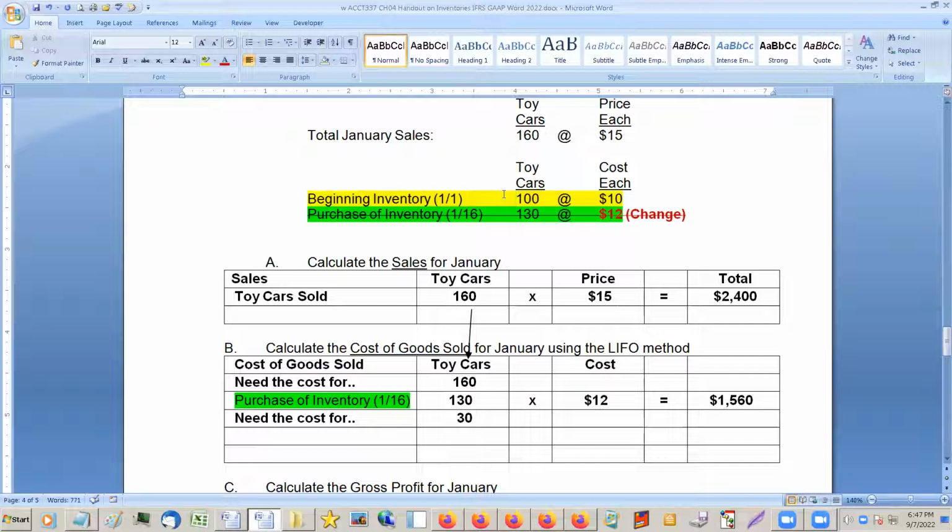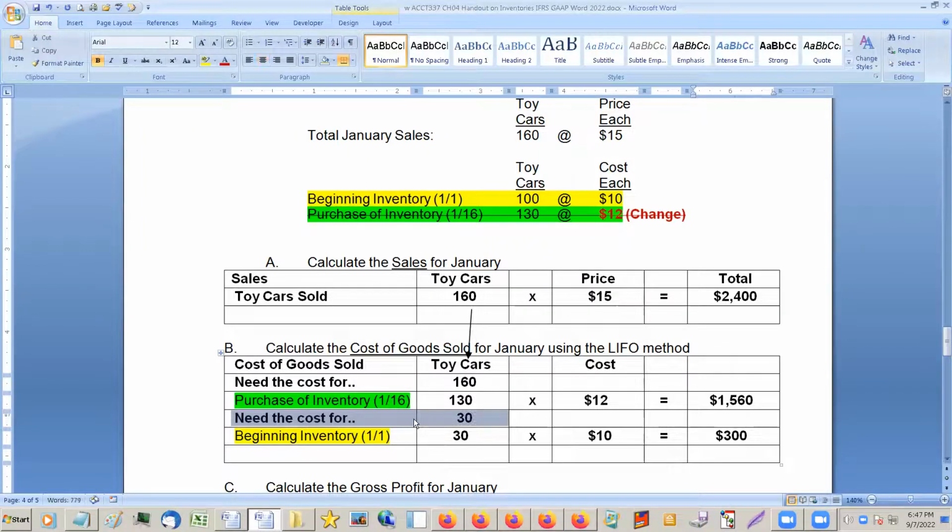This beginning inventory. We need 30, and the cost is $10. It's going to look totally silly, but we don't need to find any more costs.